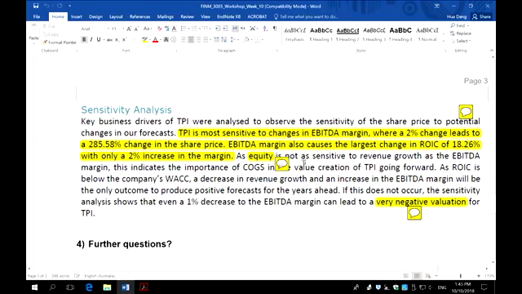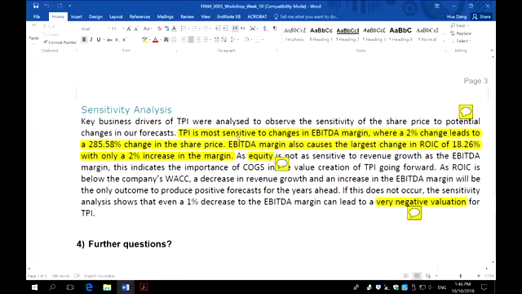And if you read this, they did do a lot of play with the model, but they only included the change in EBITDA margin to show that they have done the sensitivity analysis. So that's what they have included in the research report. Key business drivers of TPI were analyzed to observe the sensitivity of the share price to potential changes in our forecast of key drivers: revenue growth rate, margin, CapEx, these financial variables.